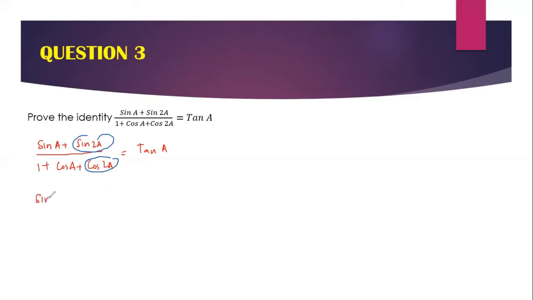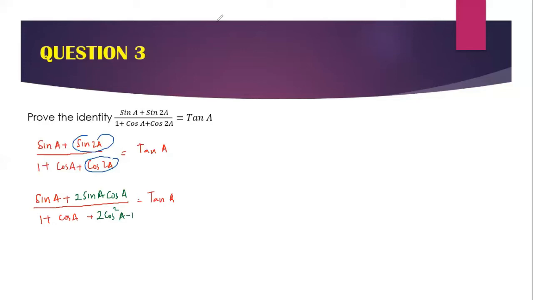So sine A plus sine 2A. What is sine 2A? 2 sine A cosine A, right? Next, over 1 plus cosine A plus cosine 2A. Cosine 2A is 2 cosine square A minus 1, right? Equal tangent A.